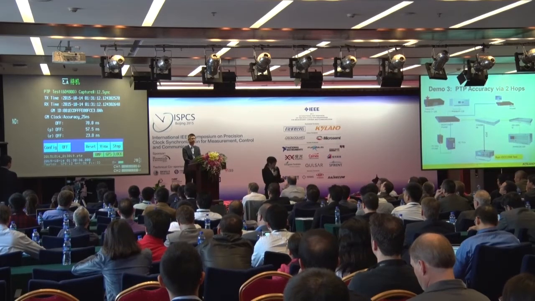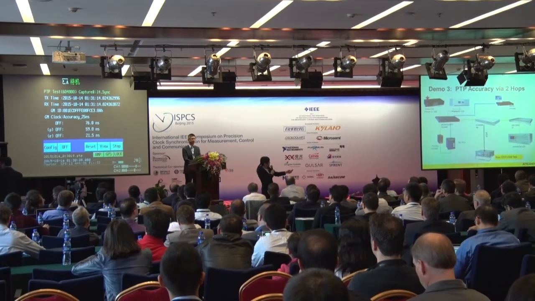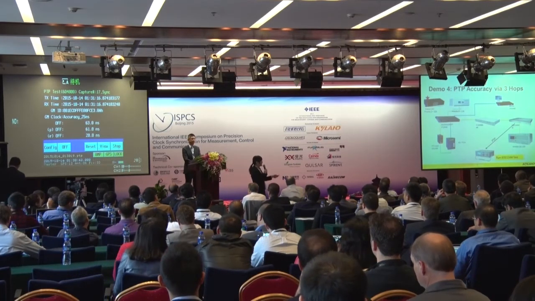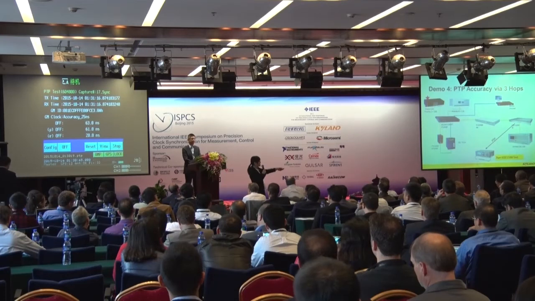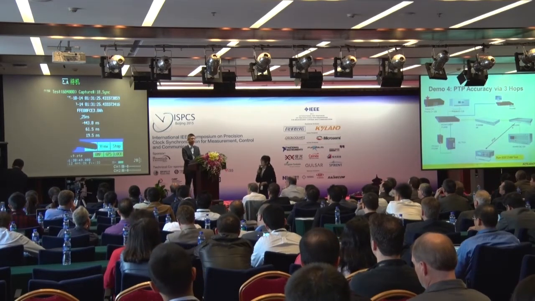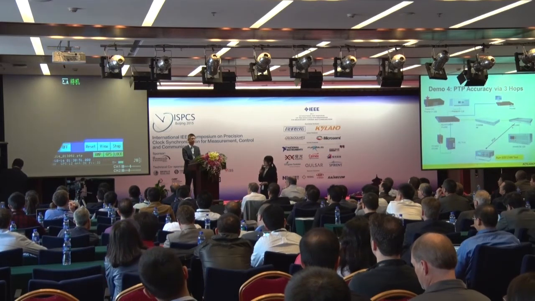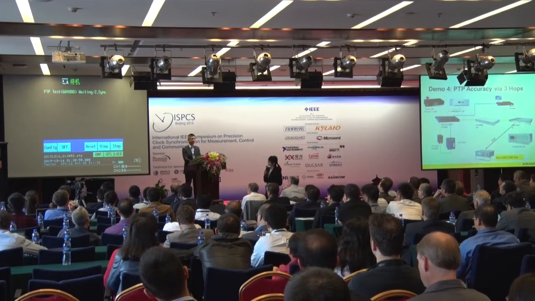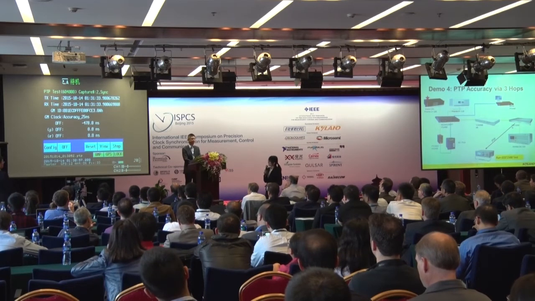Okay, so how about three hops of the switch? How about the performance of three hops of the switch? We also change the test cable to the third switch and start the IEEE1588 test.